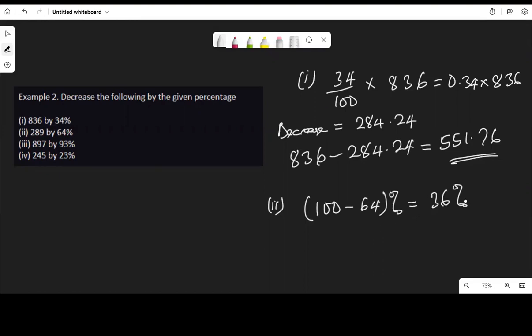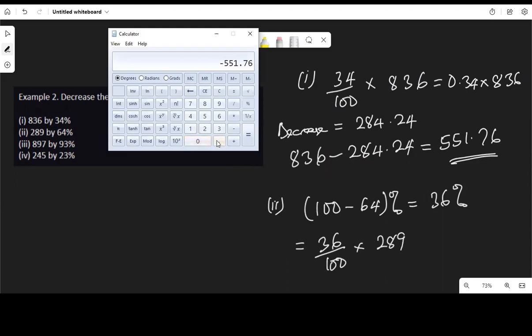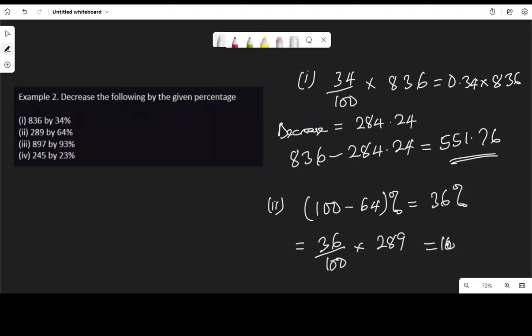We then calculate 36% of this 289 because we are decreasing this 289 by 64%. So 36 over 100 times 289. That will be 0.36 times 289, which is 104.04.